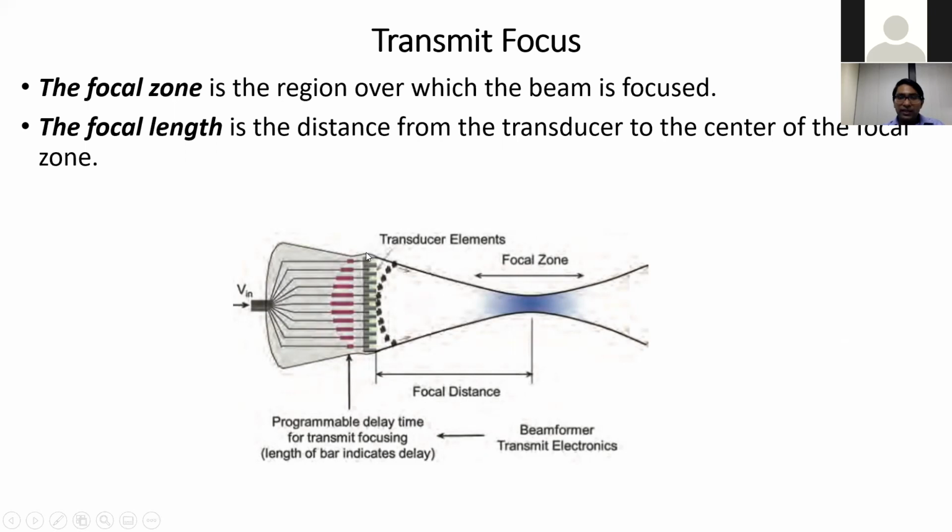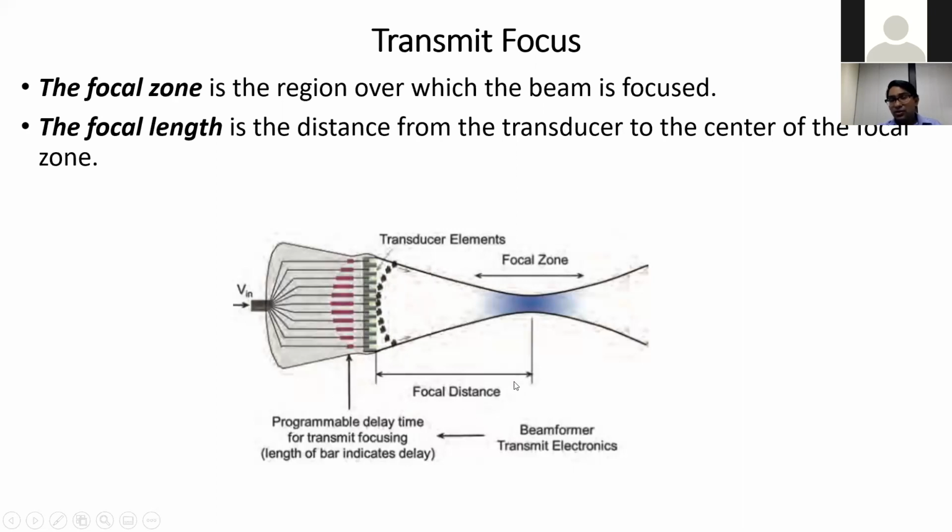So this means that this first element and this last element here are fired first, and then the second and the second last element is fired, and so on until you come to the center elements. And then you can see how these delays are being created such that these transmit waveforms come to this point at the same time and interfere constructively to give you an increased intensity.